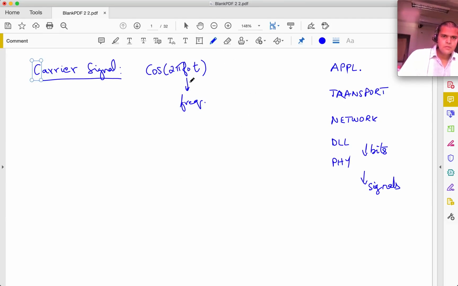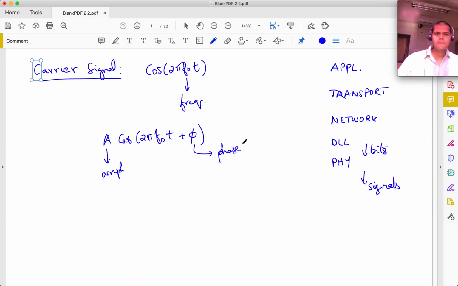Okay, and what do we do with this signal? Well, we modulate it, and usually what we do is we either change the amplitude or we change the phase. And by changing those, we convey bit information to the other end.